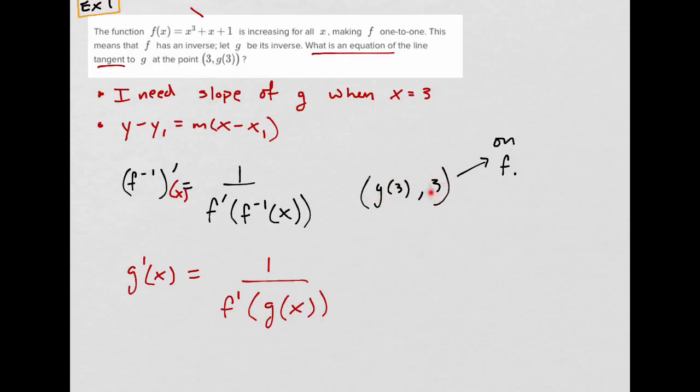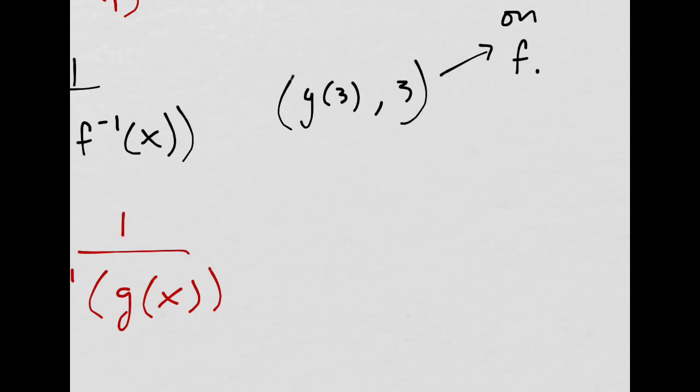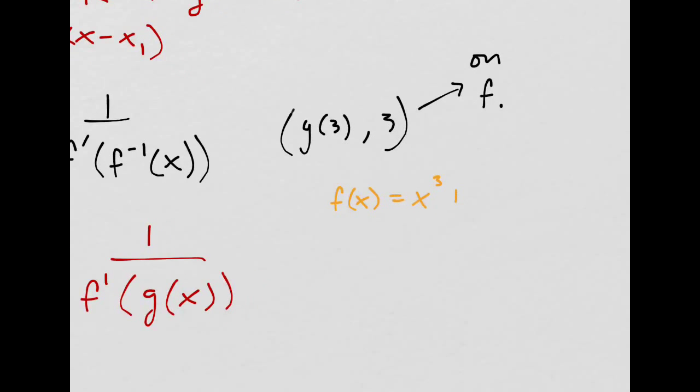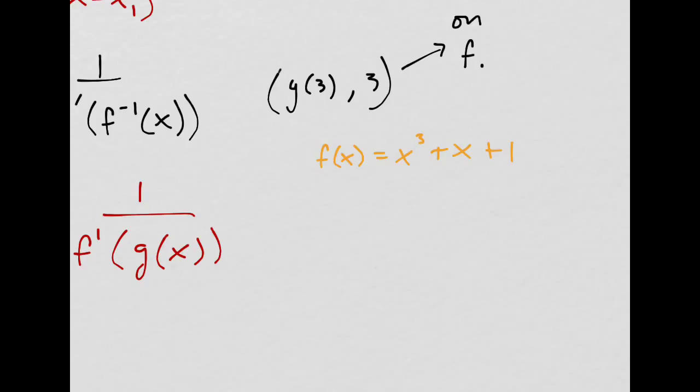Well, from my inverse rules, I know that the y value on f has to be 3. So that means maybe I can do this. f of x equals x cubed plus x plus 1. That has to equal 3 at some point.